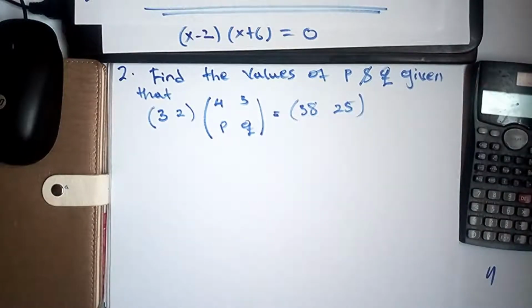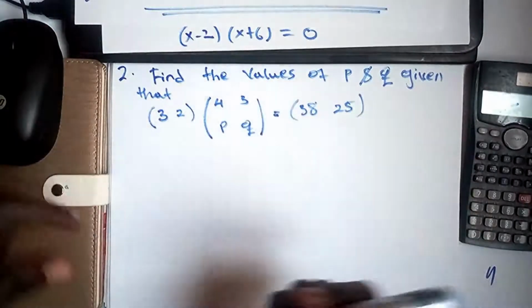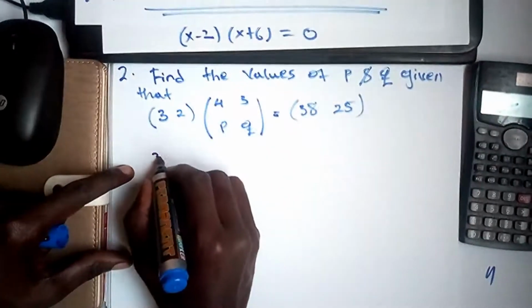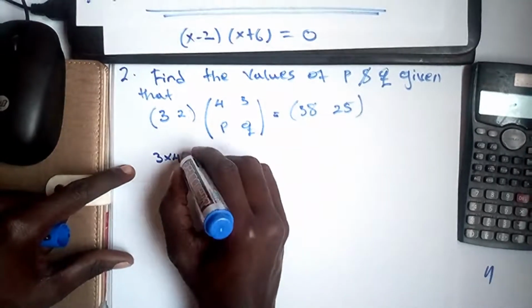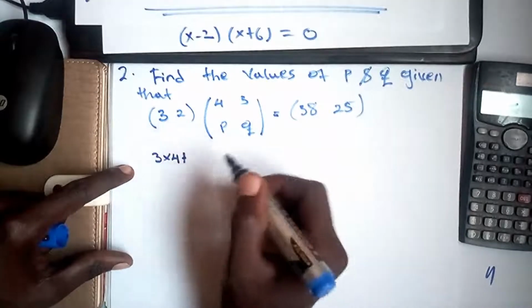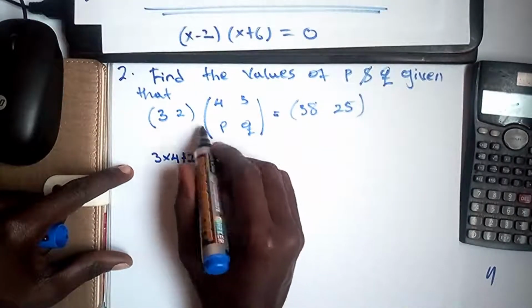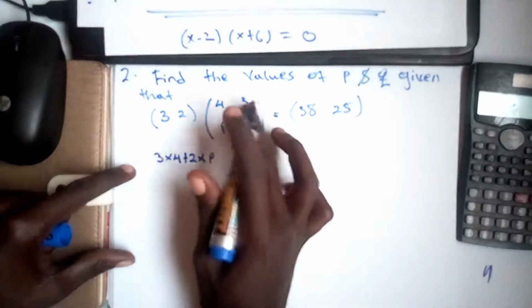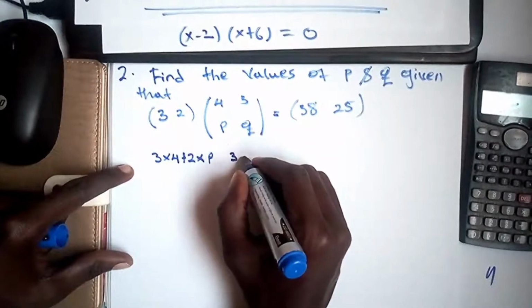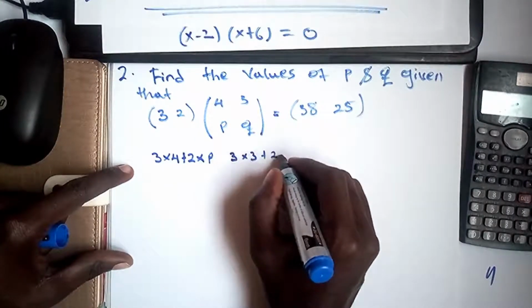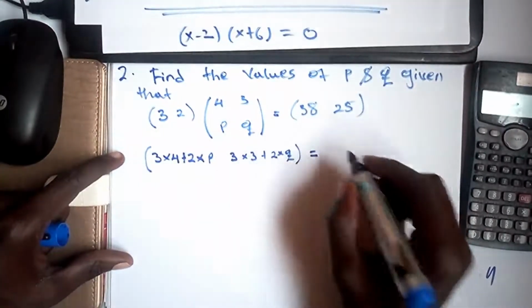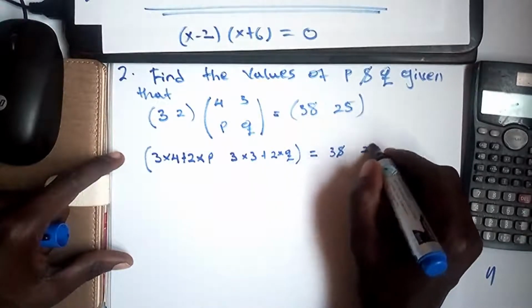Okay, now we are going to do the usual mathematics that you have been doing, multiply the matrix and get the unknowns. So it is row by column, so it is this with this, so it is 3 times 4 plus 2 times P. Okay, then we go here, it is 3 times 3 plus 2 times Q. This is equal to 38, 25.